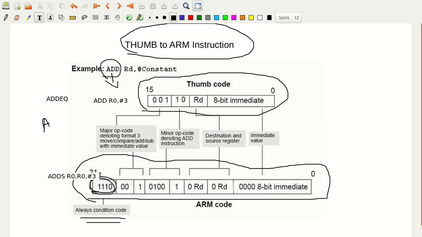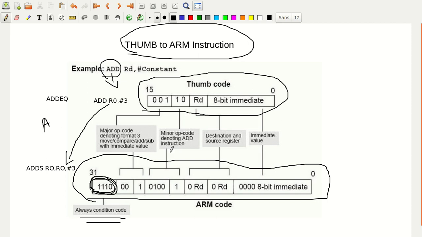Let me write it: ADD R0, #3. One thing I forgot here, ADDS. So this Thumb instruction gets converted into the ARM instruction. As there is no condition here, the 1110 is attached here.